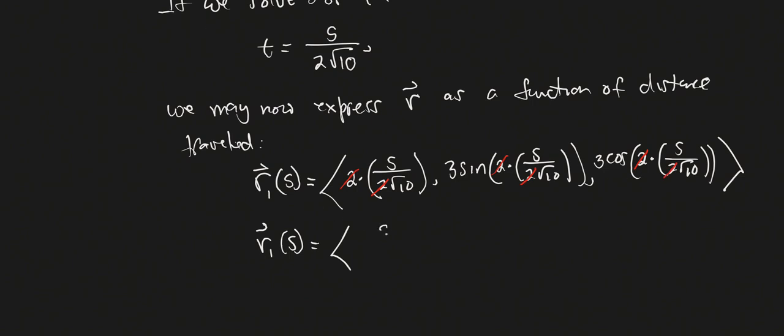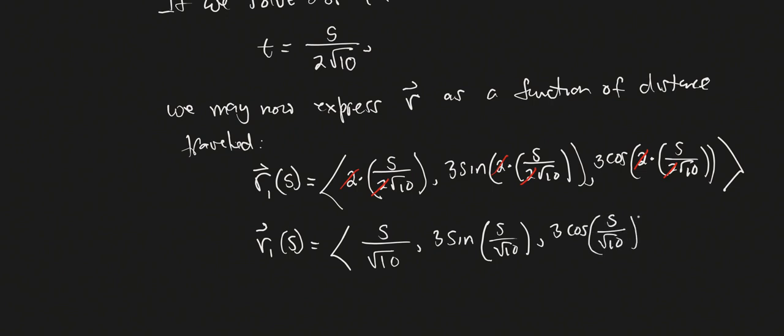So it's s over the square root of 10, comma, 3 sine of s over root 10, and then 3 cosine of s over root 10. If you wanted to rationalize these, you certainly could.